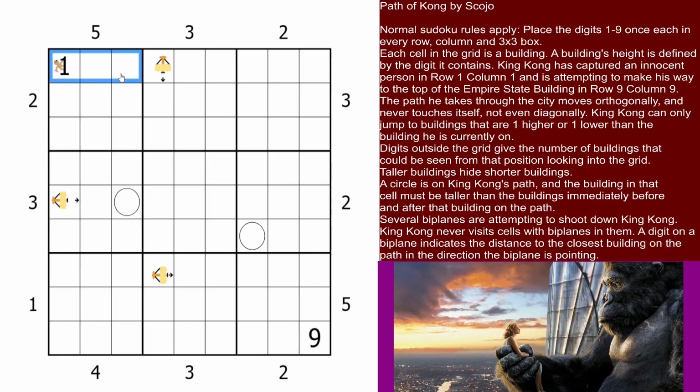Right. So King Kong is going from here to here with the path. Okay, so the first thing we'll do is get the circles. We'll use the green color for the path and some dark color, something like red, for non-path.